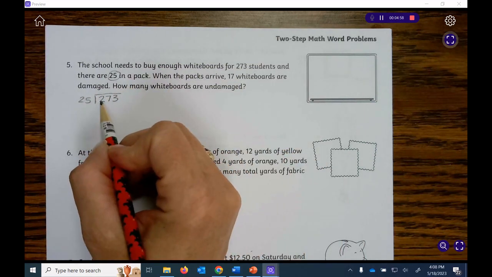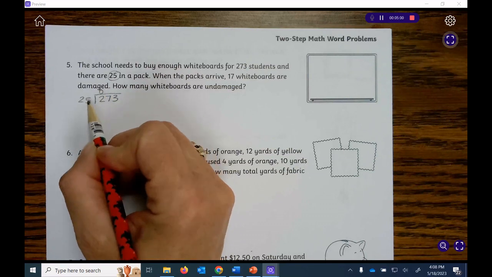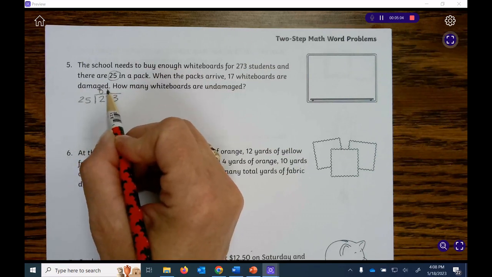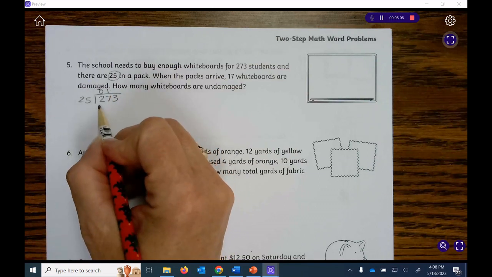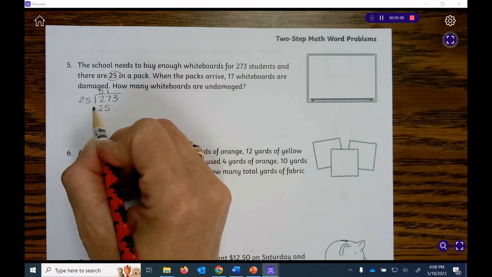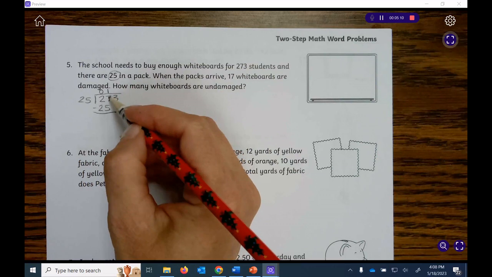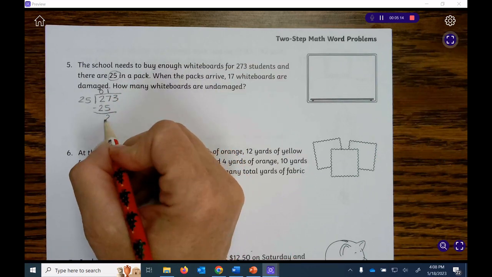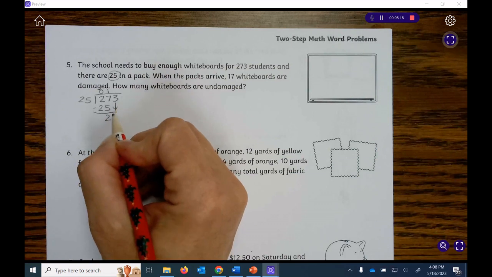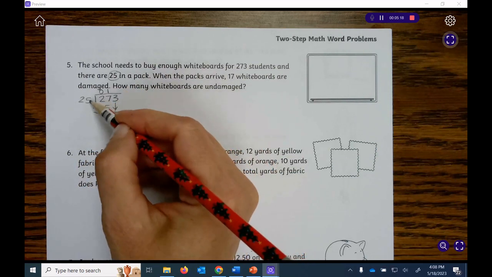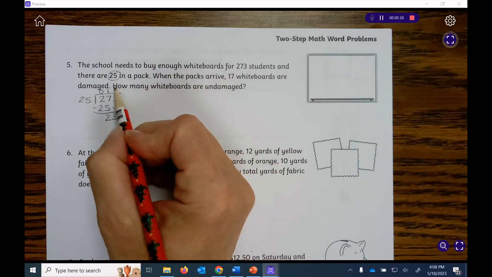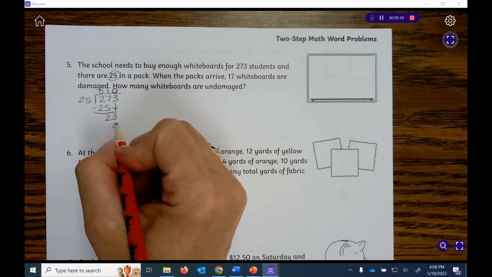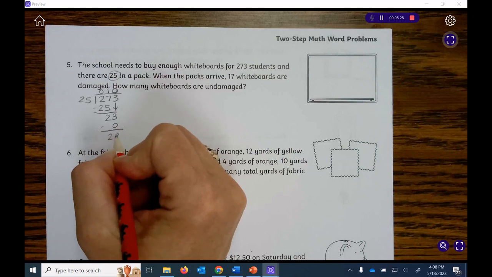25 cannot divide 2, so we put a 0 here. 25 can divide 27 one time, which is 25. We're going to subtract 7 take away 5 equals 2. We're going to bring down the 3. 25 cannot divide 23, so I put a 0 here. 0 times 25 is 0, and I get 23.